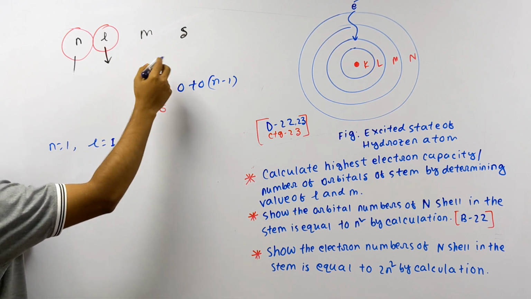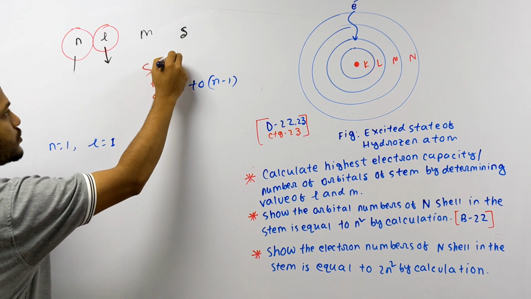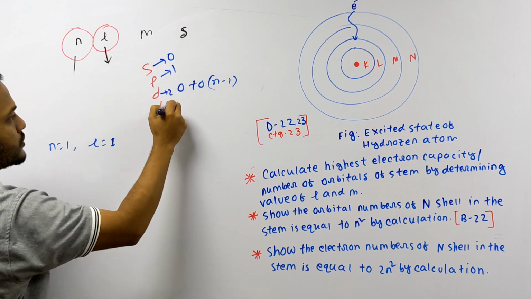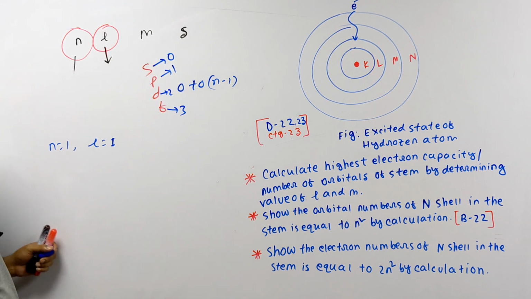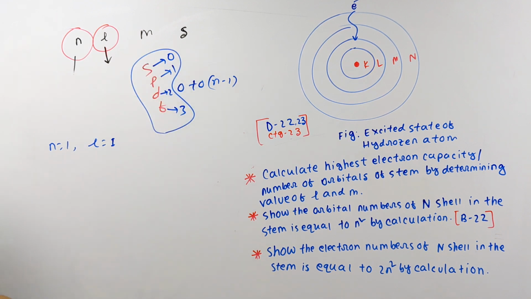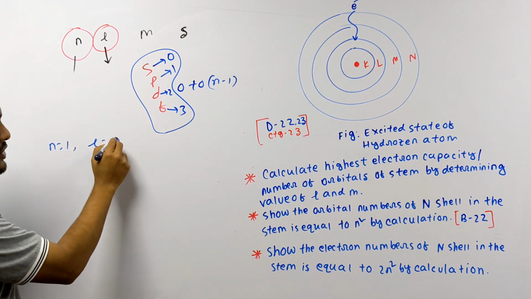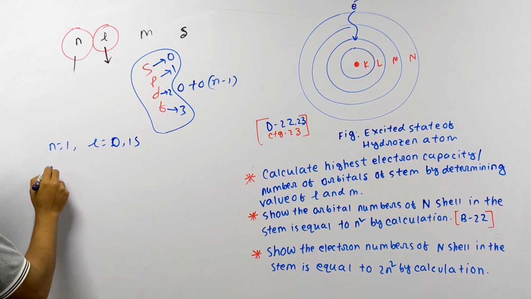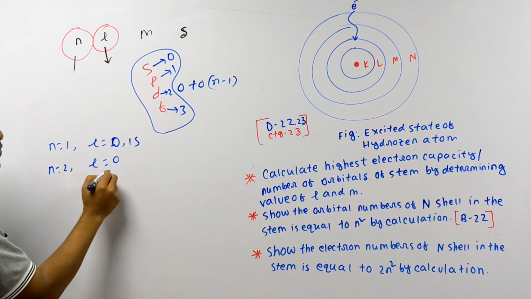Similarly, the values for s, p, d, f are 0, 1, 2, 3, right? For n equal to 1, L should be 0, which means 1s.